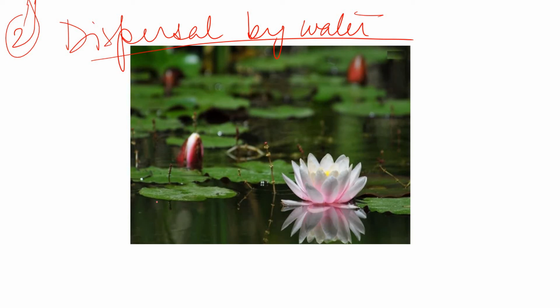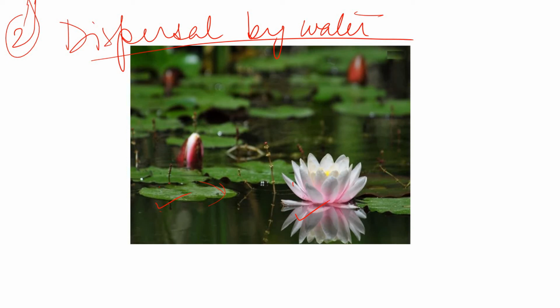So the thing is that, see, this lotus leaf, this lotus flower itself also, you can see that they are floating on the surface of water. They are not drowning or sinking inside the water. Why? Because they have some waterproof layer present on the leaves, on the flower, and also on the seed.